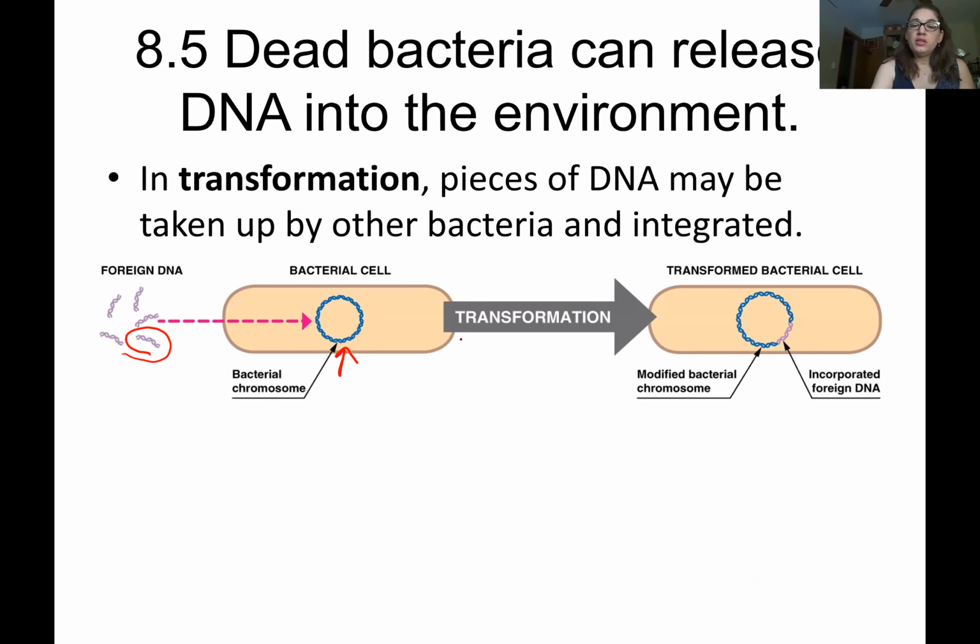Through that process of transformation, it inserts those fragments of DNA into the bacterial chromosome. Once it's incorporated, it can express that foreign DNA, whatever that DNA may code for.